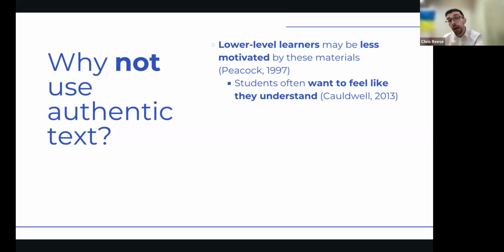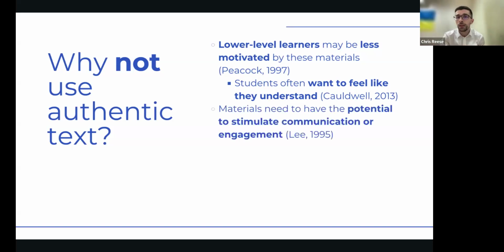Doesn't mean the students are right, but it means they have feelings about things, and those could in turn affect how motivated they are to participate in class. Materials need to have the potential to stimulate communication or engagement. There's not often a lot to say about a weather report, although you can design some engaging tasks with it.